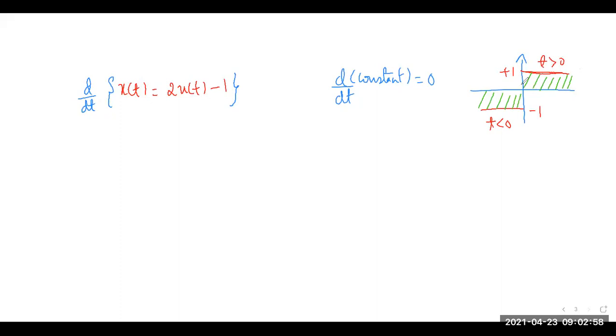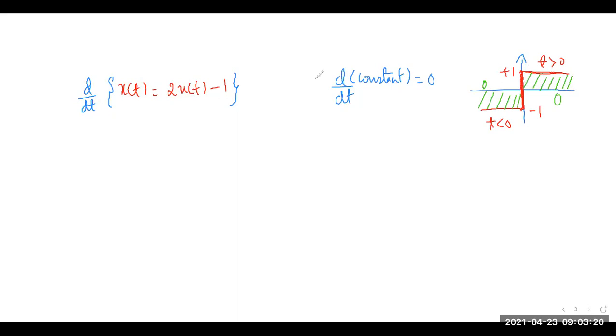So for these two regions, I will be getting 0 as my result. But where exactly is the change in this signum function? The change in the signal is happening right at t equal to 0. So this is the region where I can find a change.